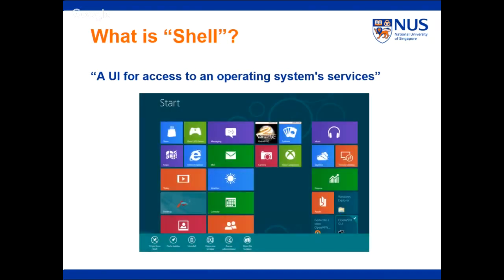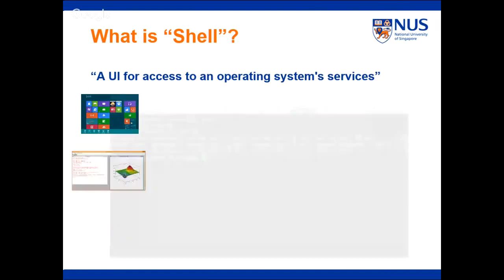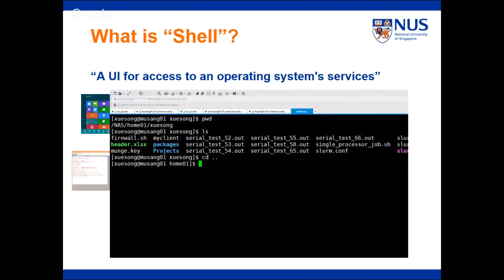According to this definition, the desktop environment in Windows is basically a shell. You click on the icons and see the results. And RStudio is also a shell. You issue the R command as input and get the results as output. Today I want to talk about the Linux shell, where you type Linux commands and talk to the Linux system directly.